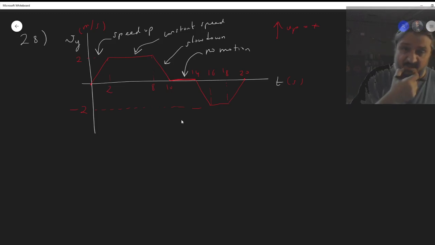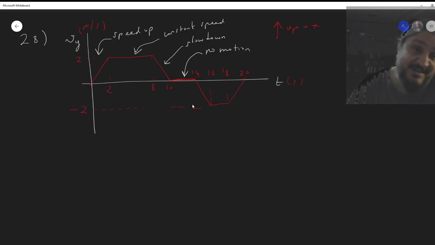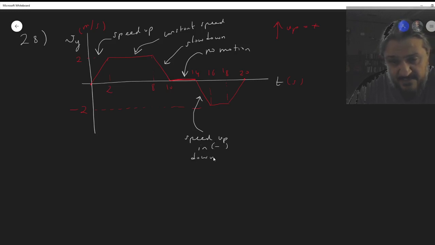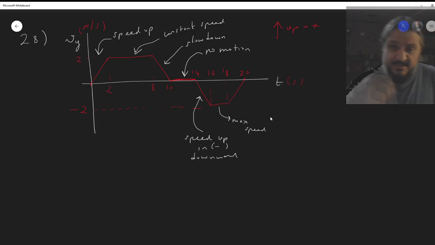After 14 seconds though, it's speeding up again, all right? But in what direction? In the negative direction. So here, speed up in the negative direction, which means downward. Okay, it's coming back and reaches its maximum speed, which is downward, maximum velocity is downward, and then it slows down while still moving in the negative y direction.